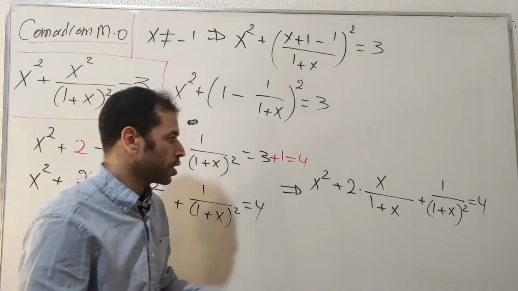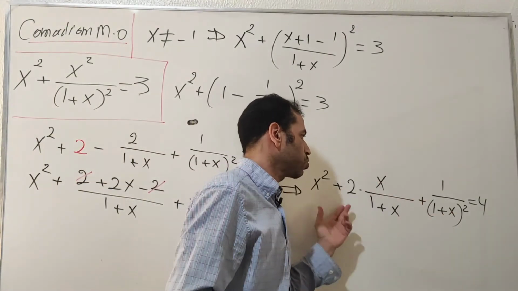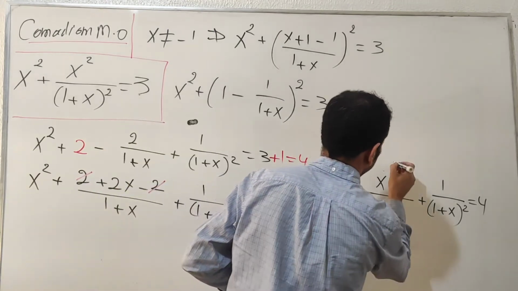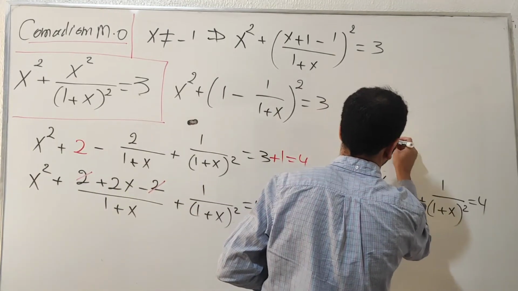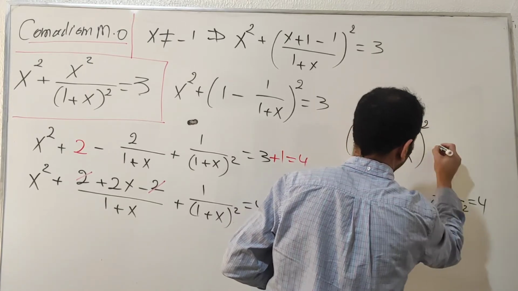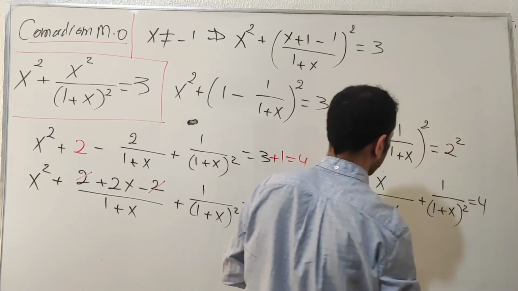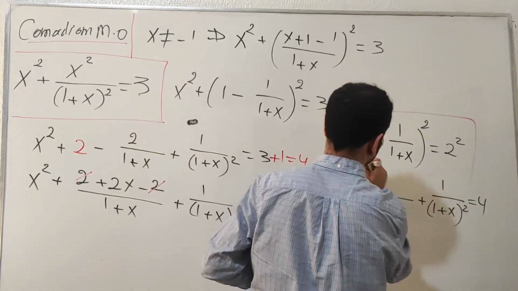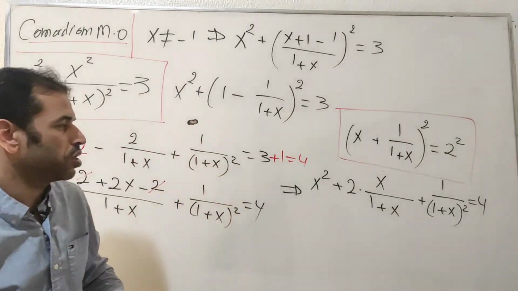Now if you take a look at this expression, it's clearly going to be a perfect square of a binomial. This is equivalent to x plus 1 over 1 plus x, all raised to the power of 2, which equals 2 squared. So I have ended with this nice expression. Now let's get rid of this one and continue solving.